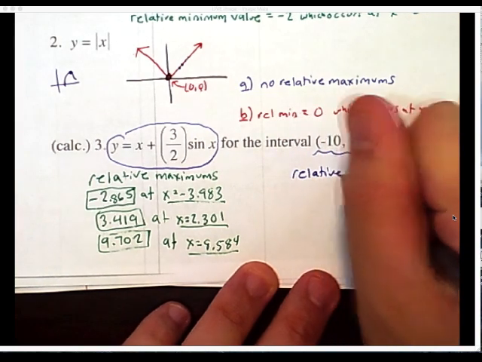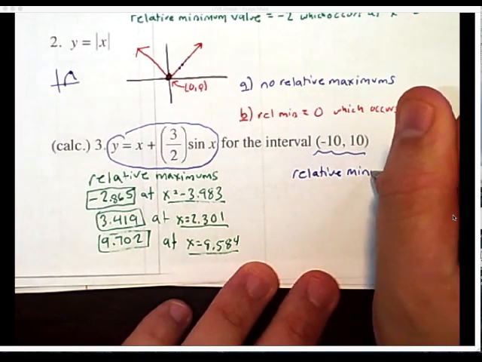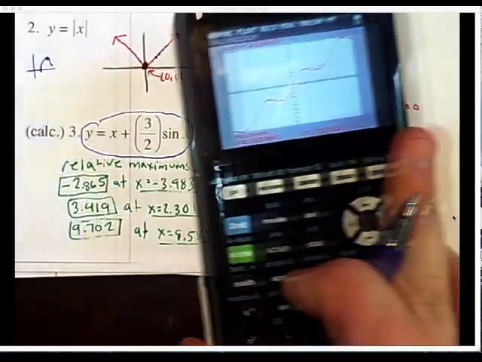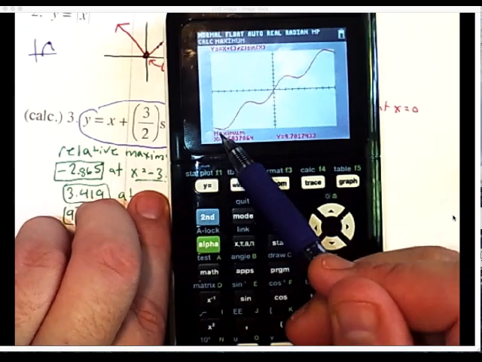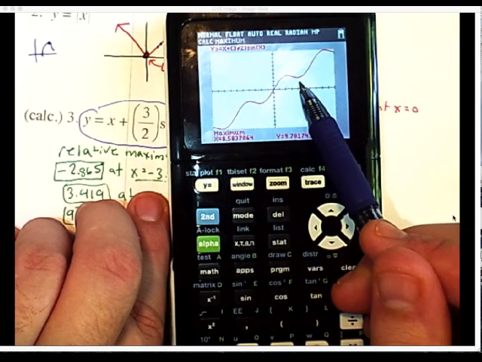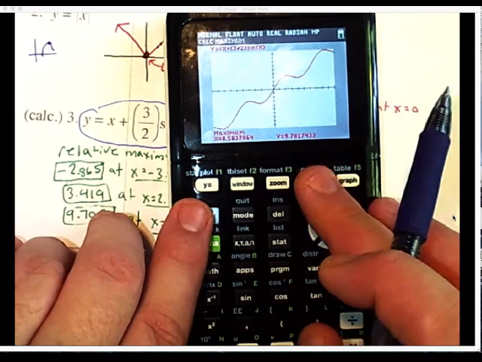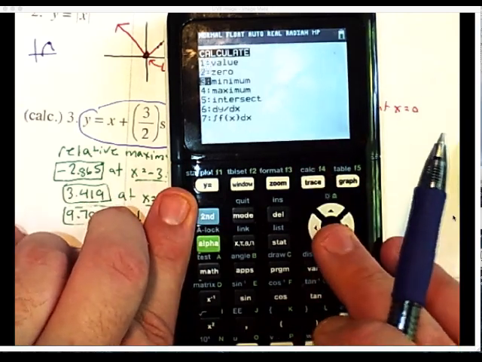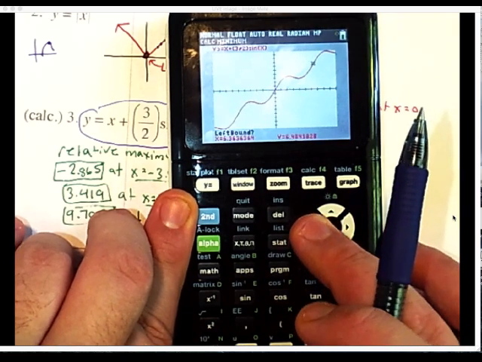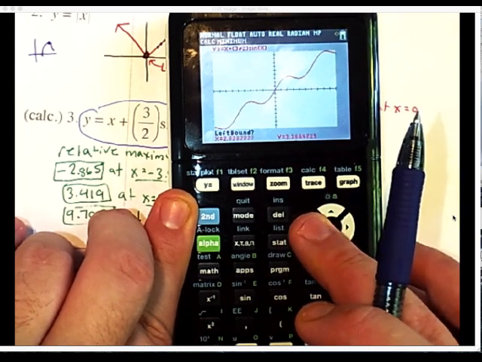Now, relative mins mean the relative low points. So in here, we would be talking about this low value, this low value, and that low value. So we'll go second, calculate, and we'll go to minimum. There is a calculus way we're going to find these.